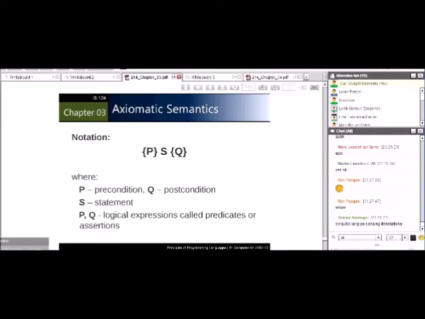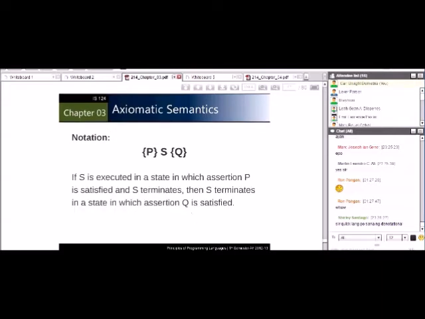You have a statement, and usually you are given the postcondition, and you have to determine, given the postcondition, what is the weakest precondition. When we say weakest precondition, this is we can say the minimum requirement that will make your statement true. Okay? Again, I repeat, the weakest precondition is the minimum requirement which will make your statement true.